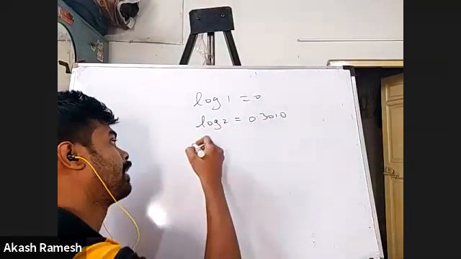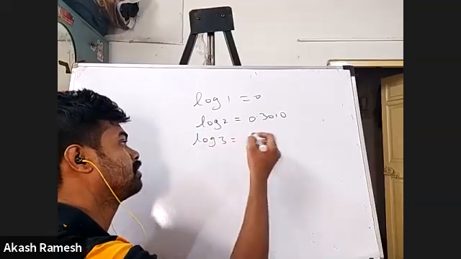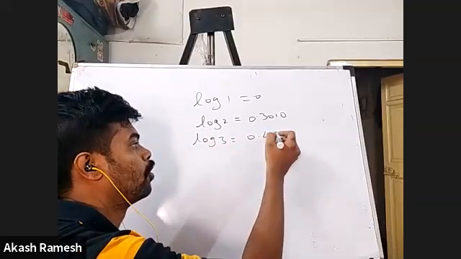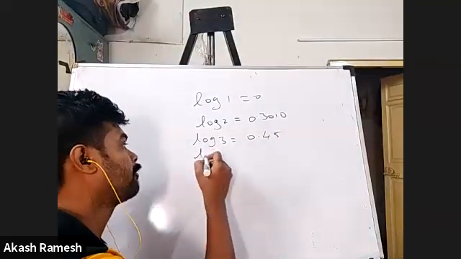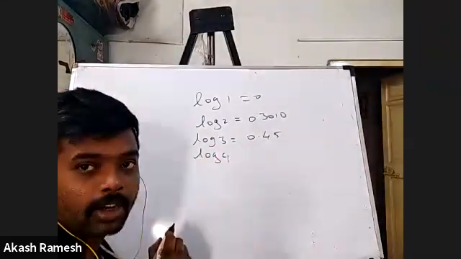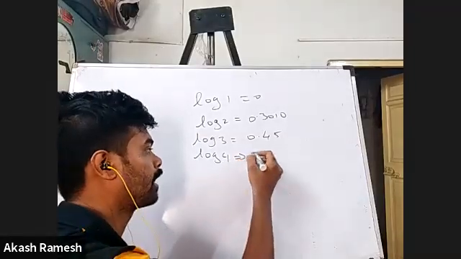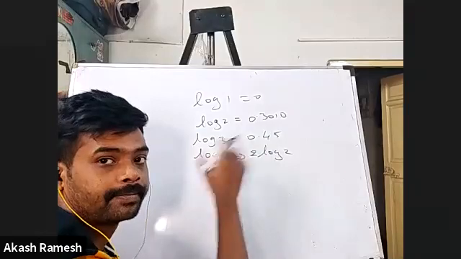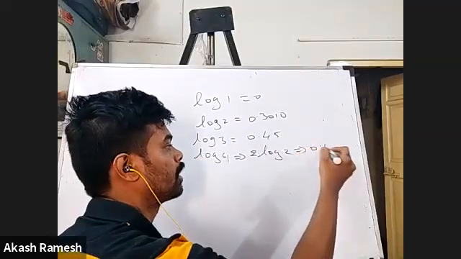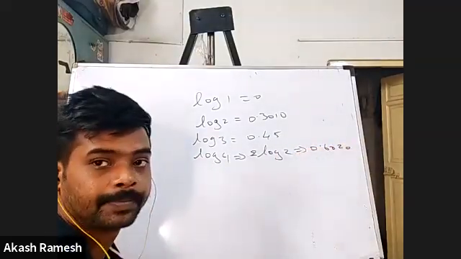And log 3 is 0.45 something. And log 4, you can easily calculate. If I know log 2, how can I write log 4? I can write it as 2 log 2, because it's log 2 squared, right? So this will be 0.6020.